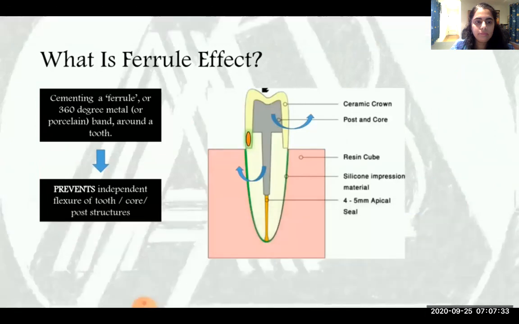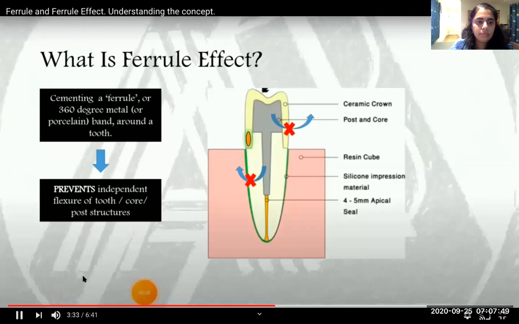So this ferrule prevents the independent flexure of the tooth or core or post structures. So this ultimately provides resistance to dislodgement and it prevents the fracture of the prosthesis. This effect of the ferrule of providing resistance to dislodgement and preventing the tooth from fracture is called ferrule effect.